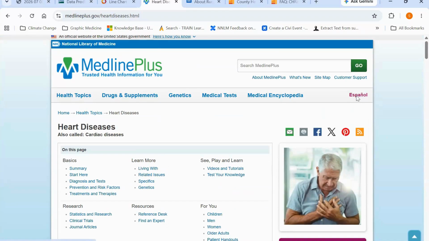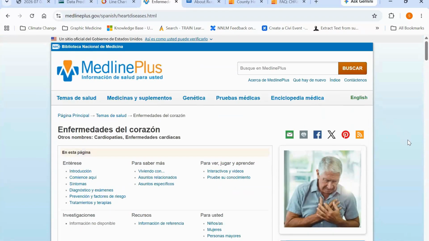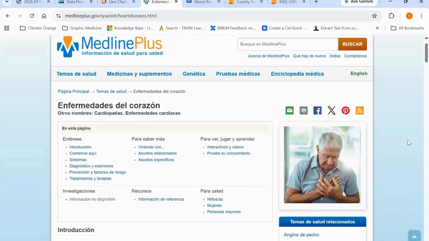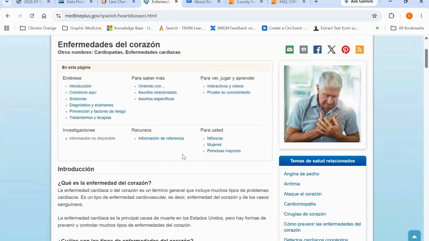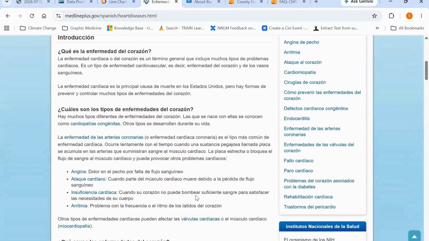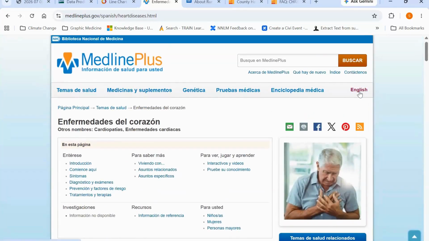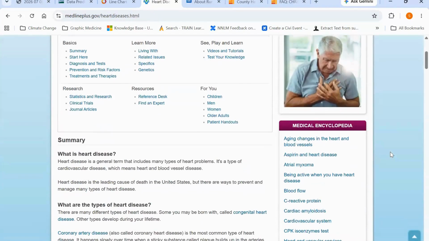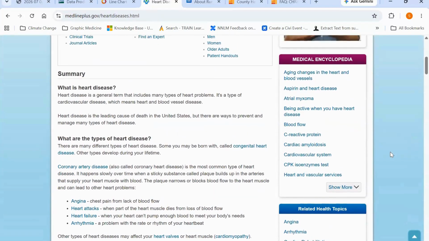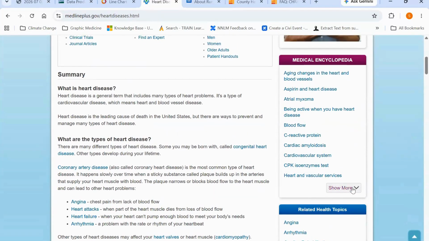If I flip that over, this is what it looks like in Spanish. The navigation is in Spanish as well as the article itself. And so flip that back.